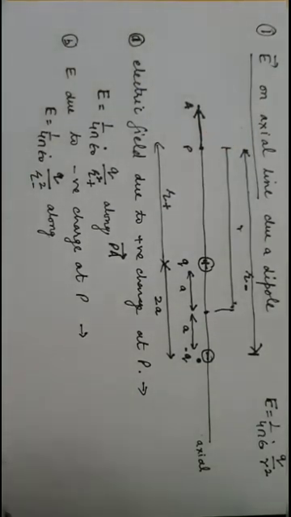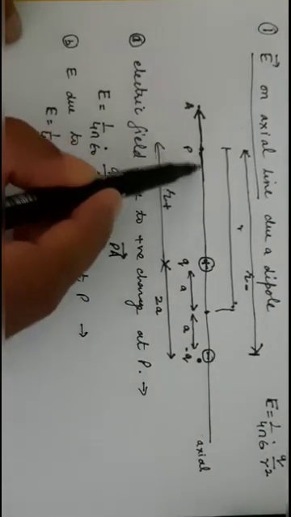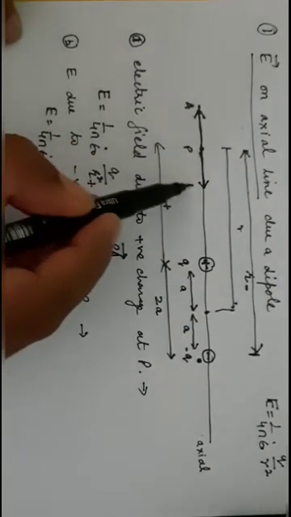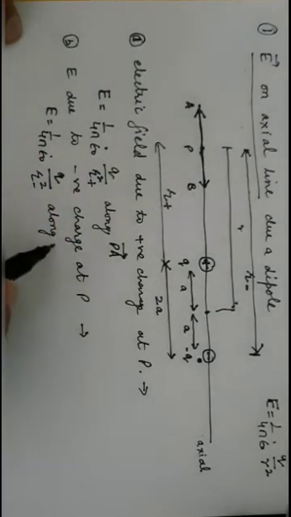Now to know the direction, we know that electric field lines for a negative charge are radially inward, toward this direction. So if I take this point as B, then it will be along PB.